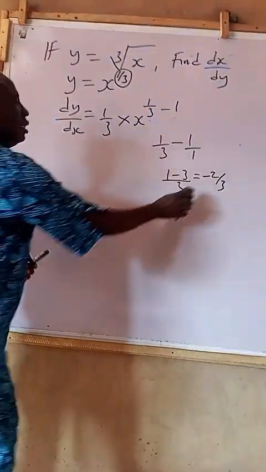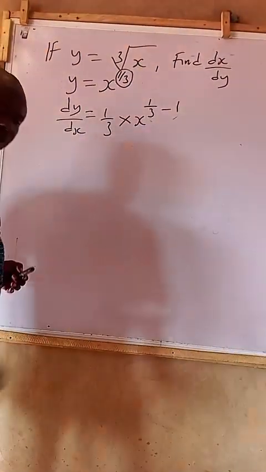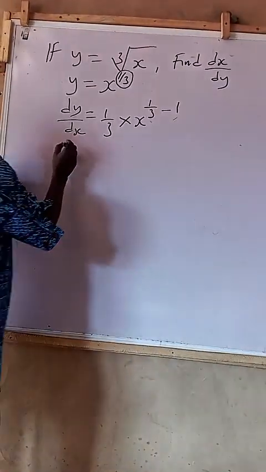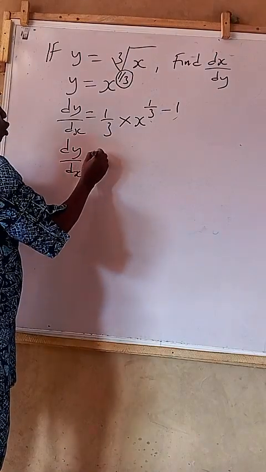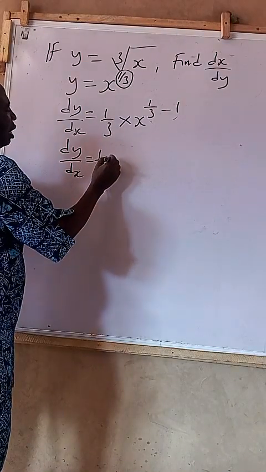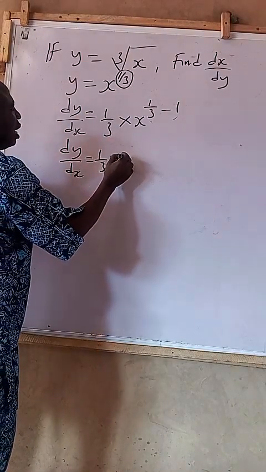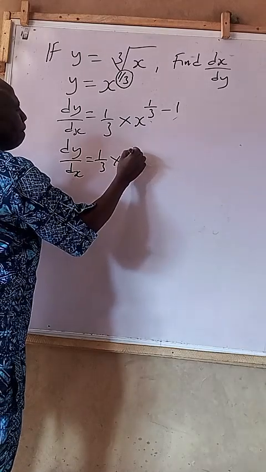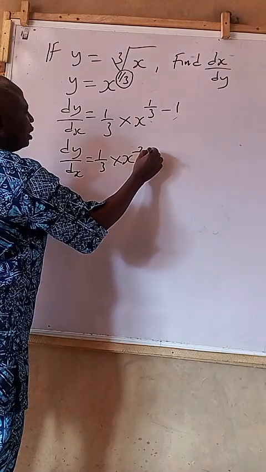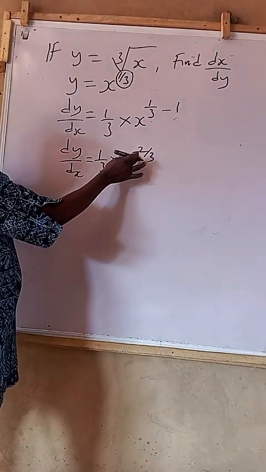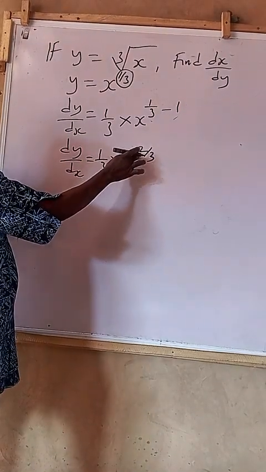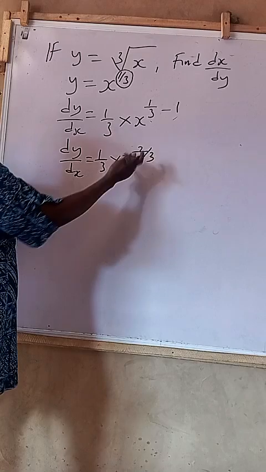What that means is that dy/dx here will now be equal to 1/3 times x raised to power minus 2/3. Then in the indices, if you want to remove the negative, you introduce 1 over.